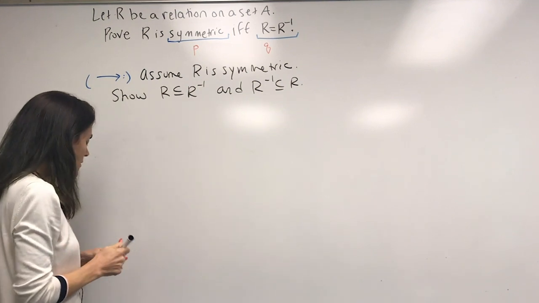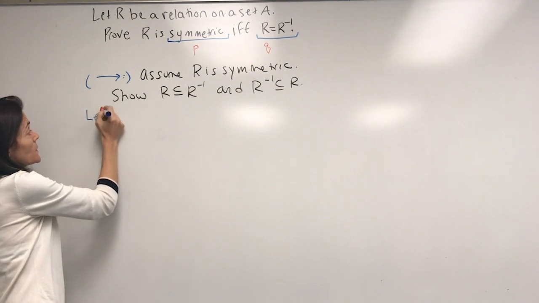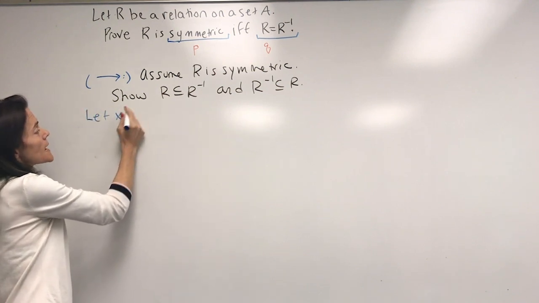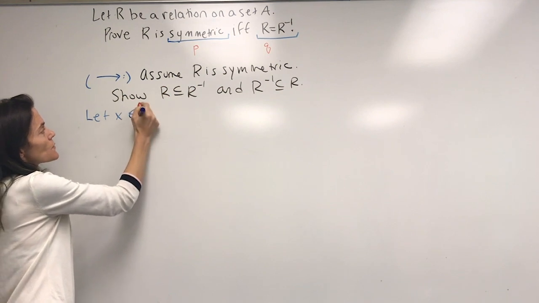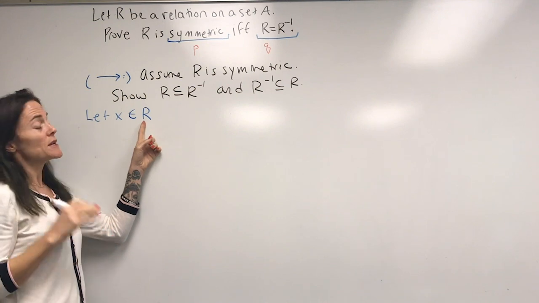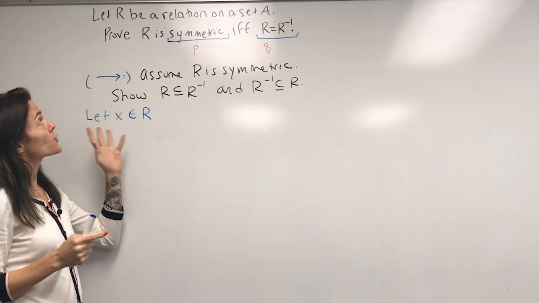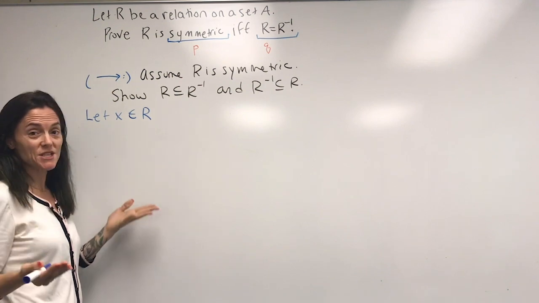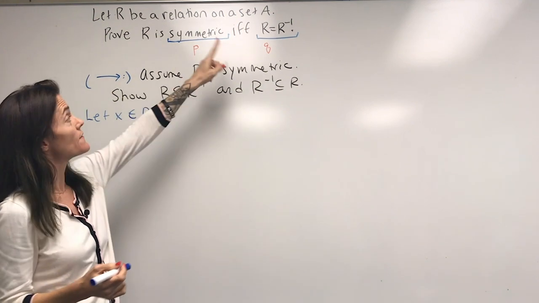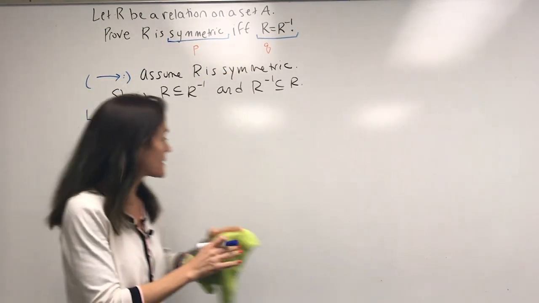Okay, well, we take an element in R. Typically we would say let x be in R, but we know what the elements of R look like. They are ordered pairs. A relation in its most general terms is just any subset of A cross A. That's a relation on a set A, okay?